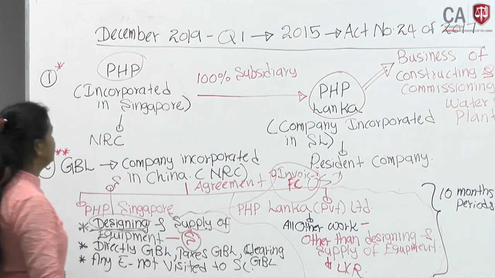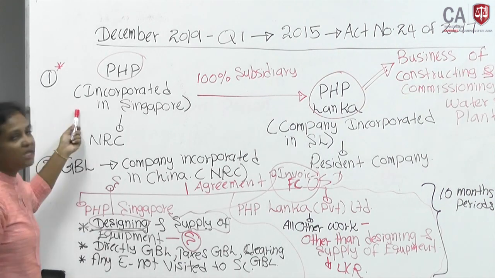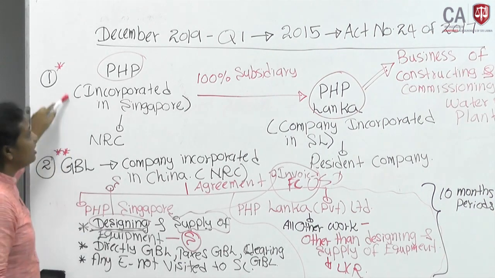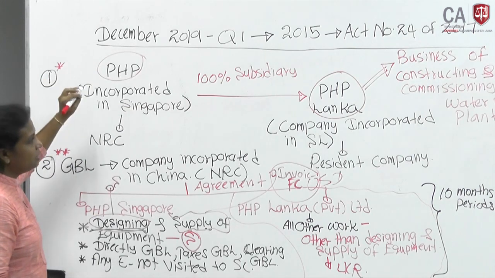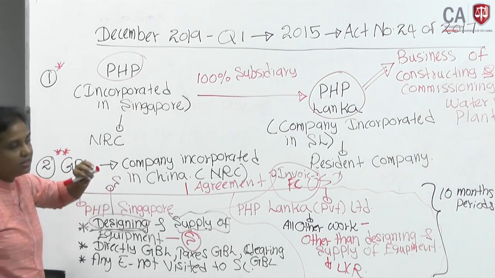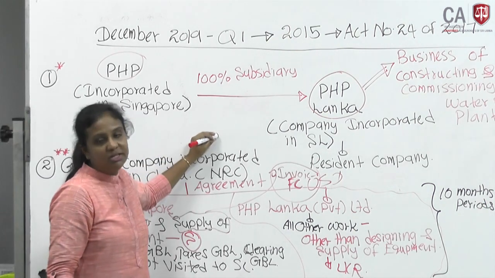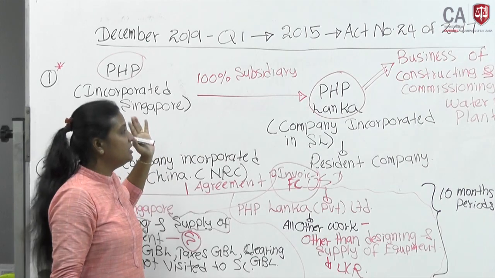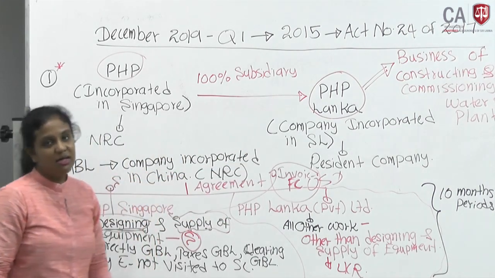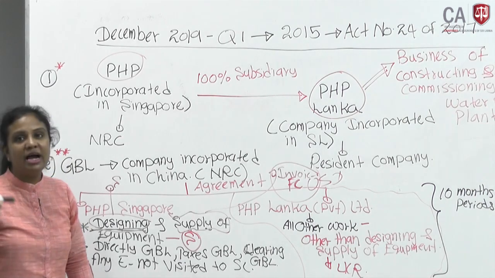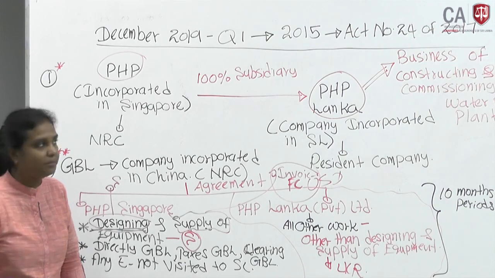Any contract which came to PHP Singapore, if they are performing commissioning of water purification plants, if it is a Sri Lankan project, if it is another non-resident person doing it on behalf of Sri Lanka, in that sense all the activities of PHP Singapore are performed by whom?